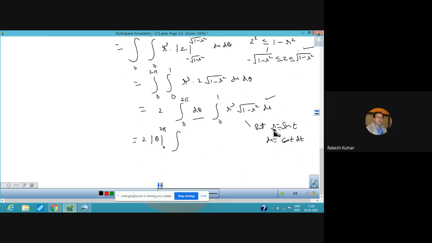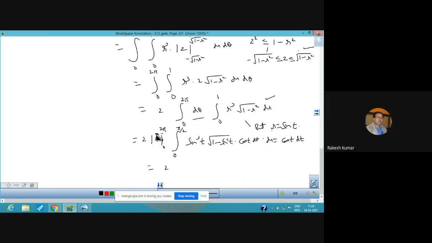Now 0 to 1 are the limits of r. Change the limits here. When r is 0, sine t is 0, so the lower value of t will be 0. When r is 1 here, sine t is 1, so t should be pi by 2. R cube means sine cube t, under root of 1 minus sine square t, into cos t dt.